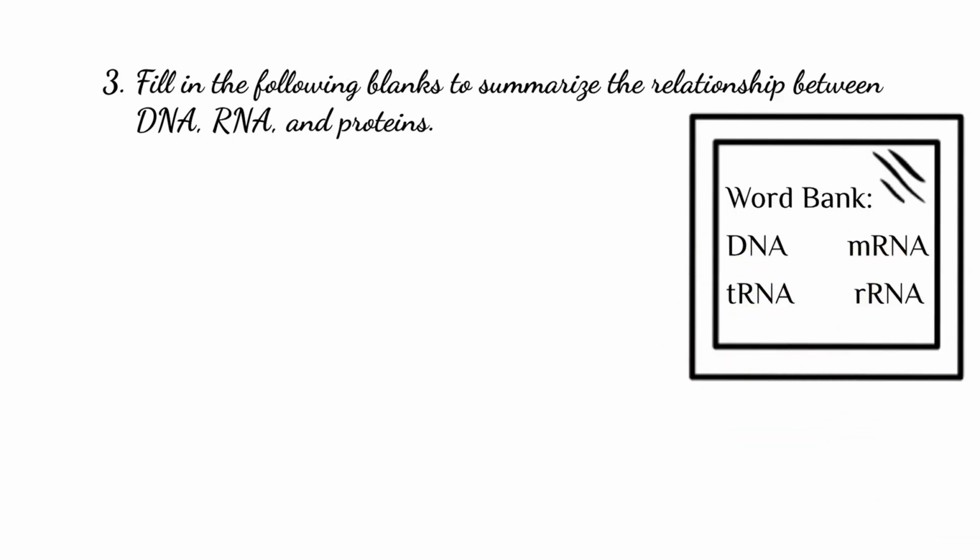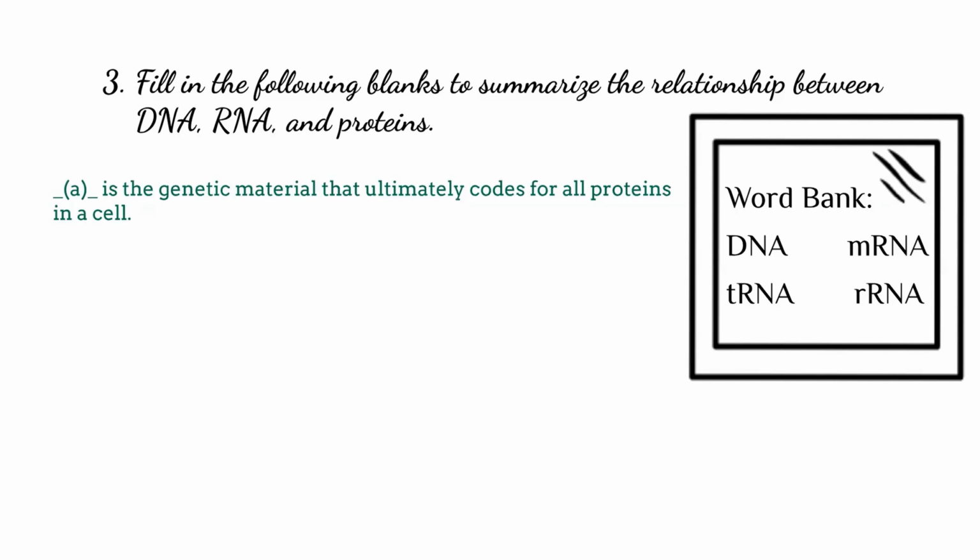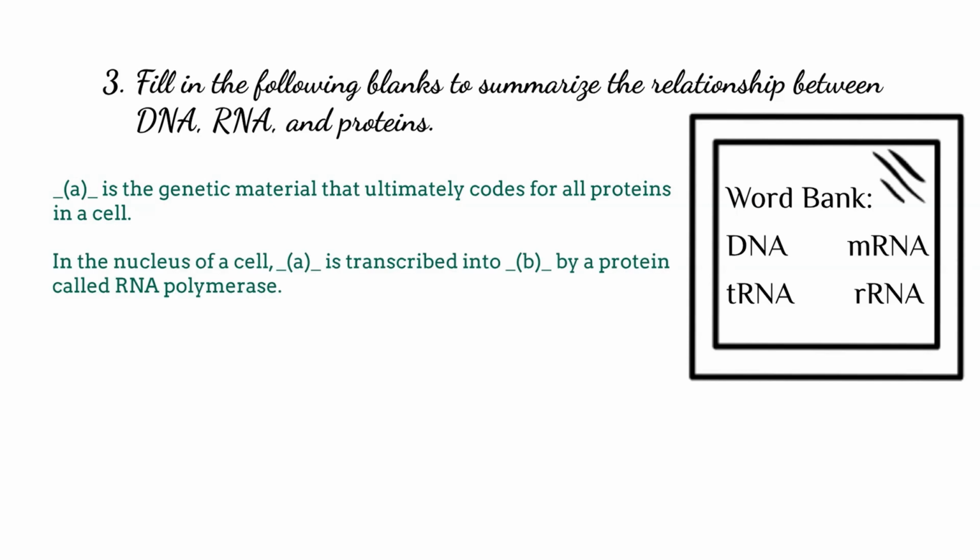And to keep the different blanks straight, I'm going to replace the blanks with A, B, C, and D. Definitely keep in mind that the words in the word bank can be used more than once. So, A is the genetic material that ultimately codes for all proteins in a cell. In the nucleus of a cell, A is transcribed into B by a protein called RNA polymerase.